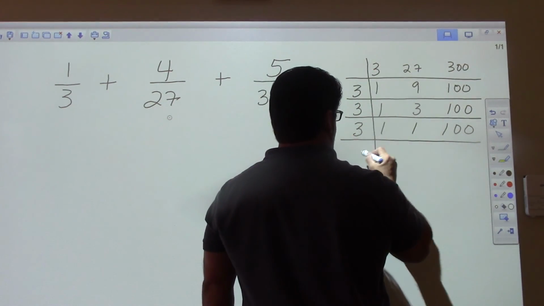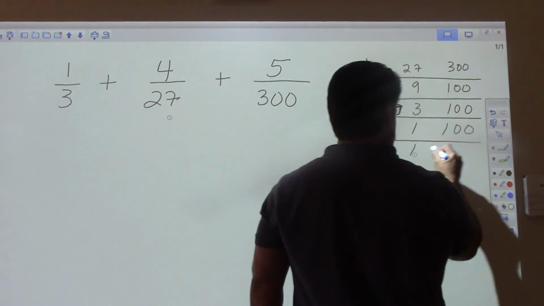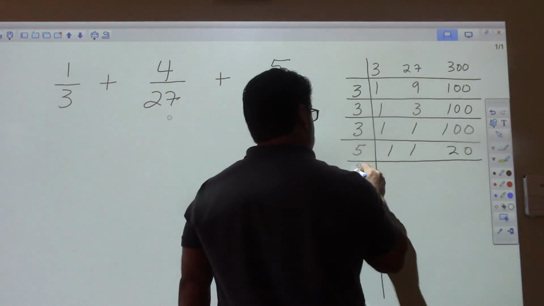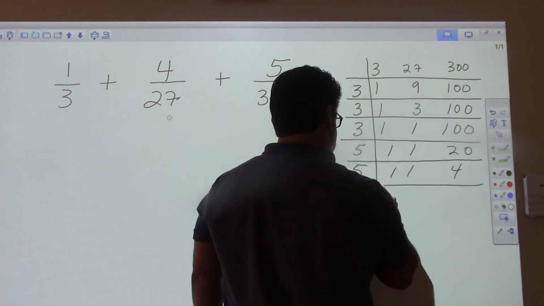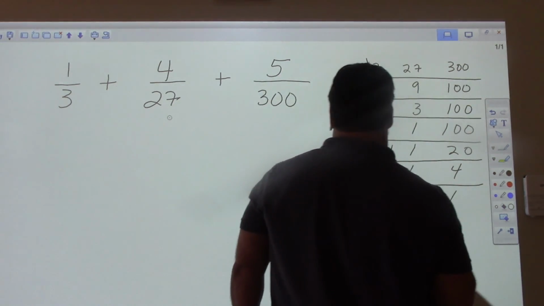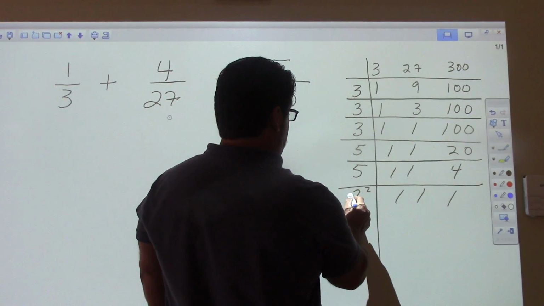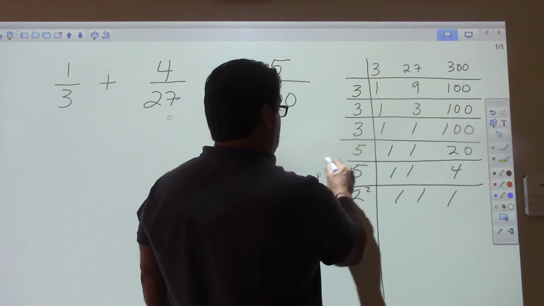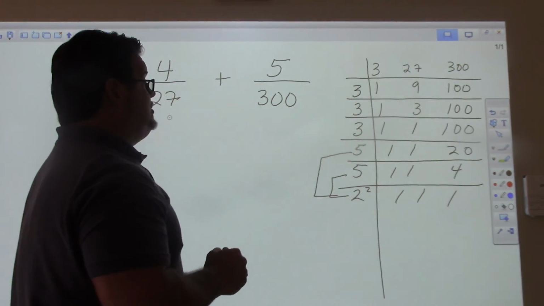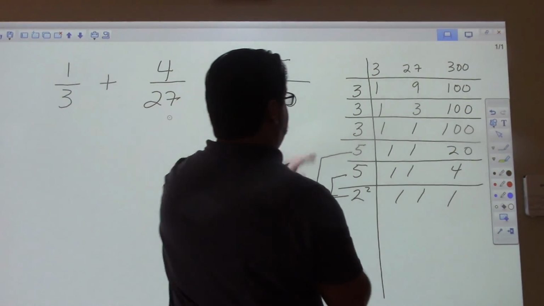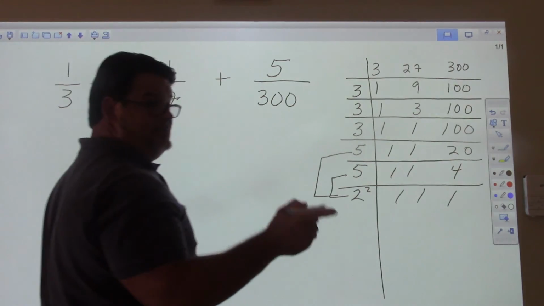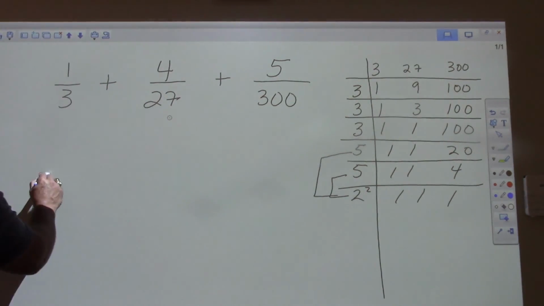And you can do a 5, and that'd be a 1, 1, and a 20. 5, 1, 1, and 4. 2 to the second, 1, 1, and 1. And that 2 to the second can make a 10 here and a 10 there, so we got 2 10s. 10 times 10 is 100 times 27, 2,700.